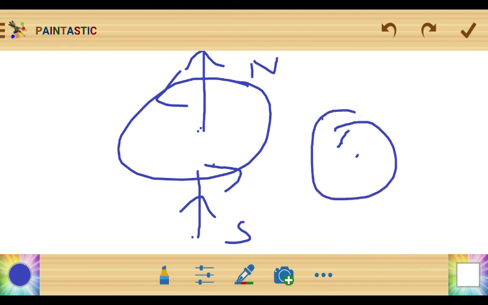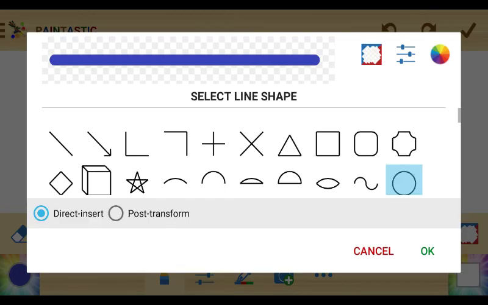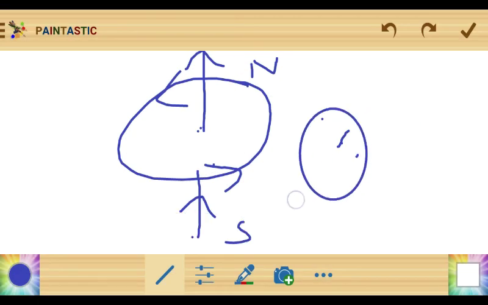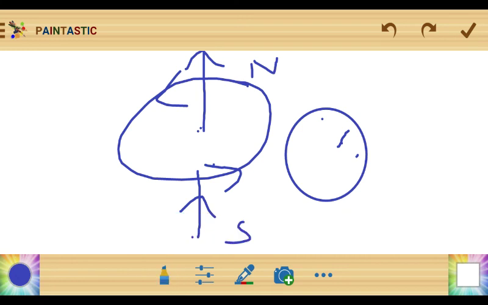Let me draw it. Okay, in this loop, if the current is in anti-clockwise direction, this loop will act as a north pole.